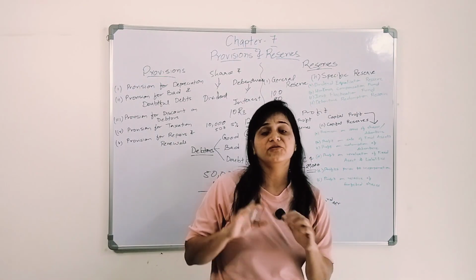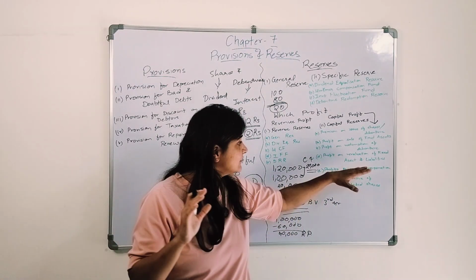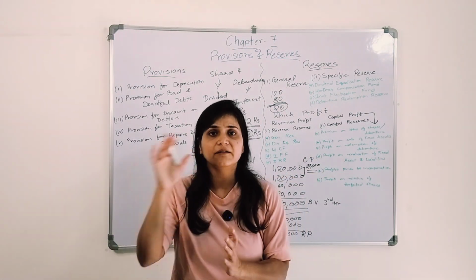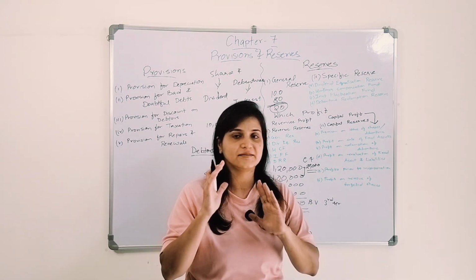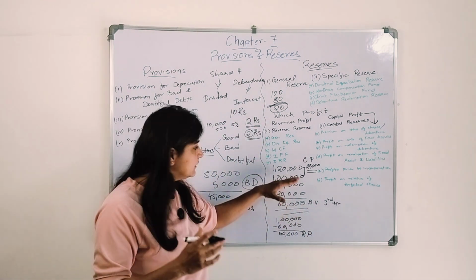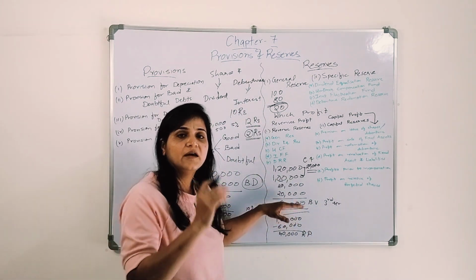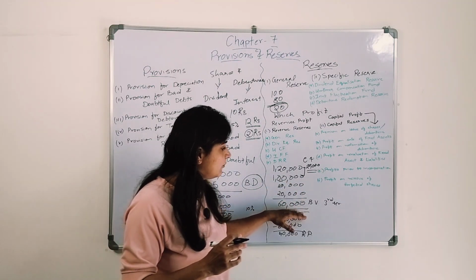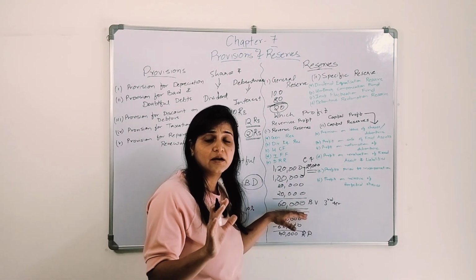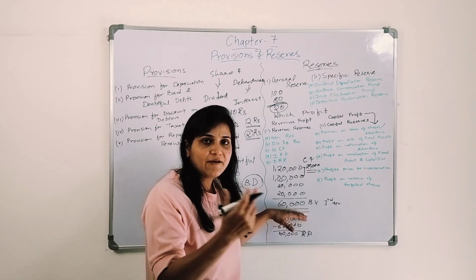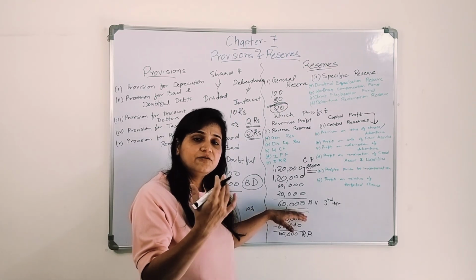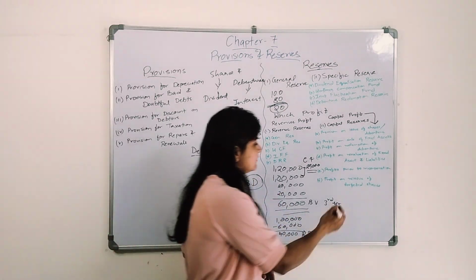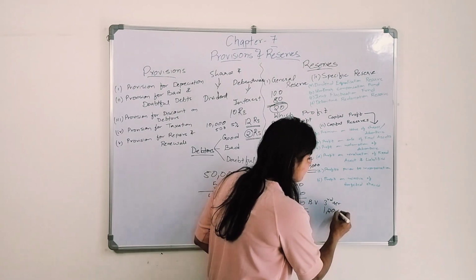Next is profit on revaluation of fixed assets and liabilities. Let's take this example. In our books we purchased at 1 lakh, we were charging depreciation, and our book value was 60,000. But when we revalued our assets, we got to know that this machinery's value in the market is 1,20,000.